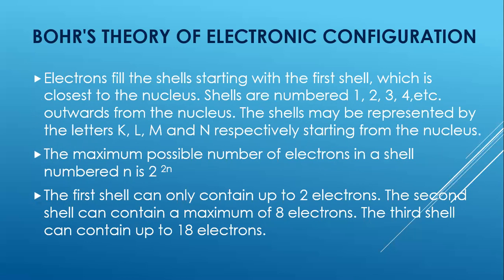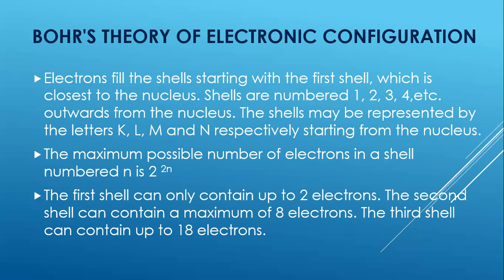The shells are numbered 1, 2, 3, etc. outwards from the nucleus. The shells may be represented by letters, for example K, L, M, and N respectively, starting from the nucleus. Now, the maximum number of electrons in a shell, numbered n, is obtained as 2n squared.